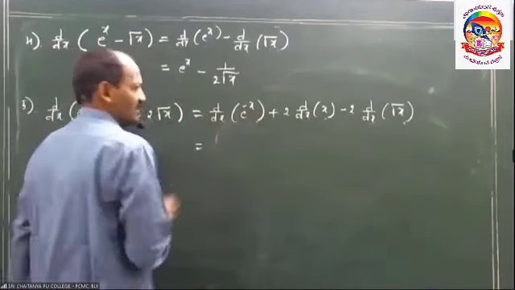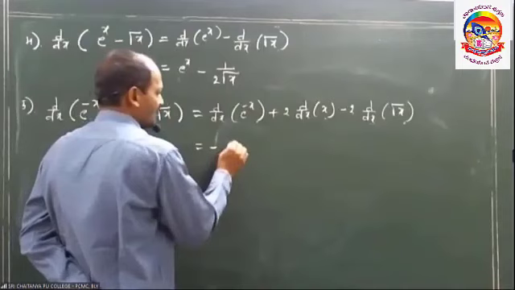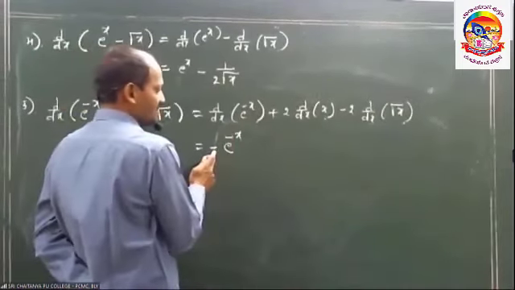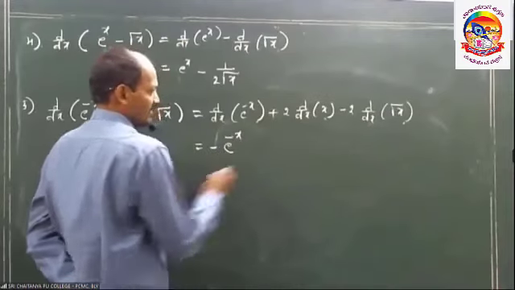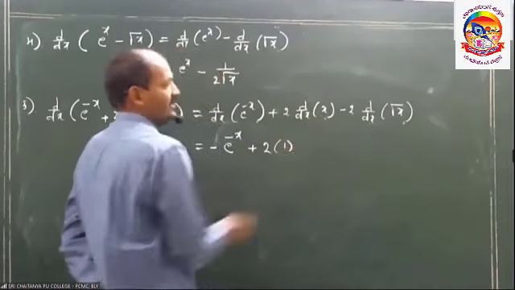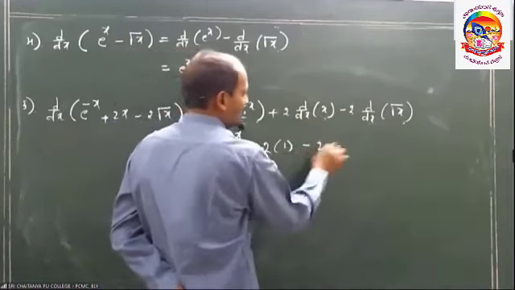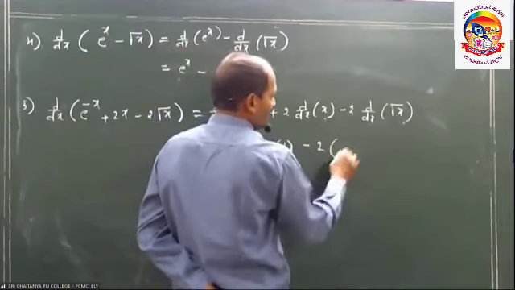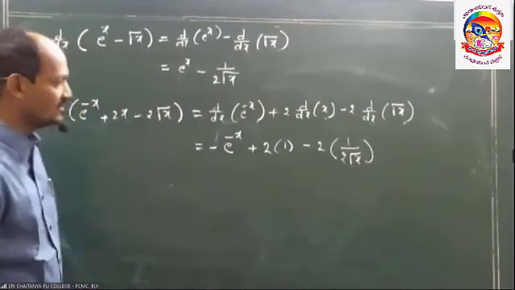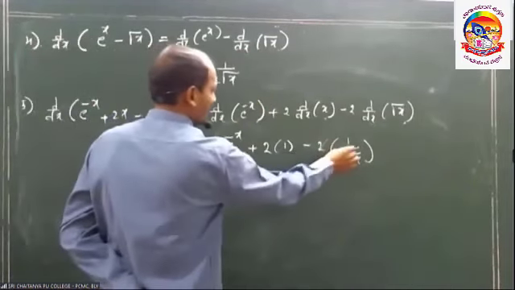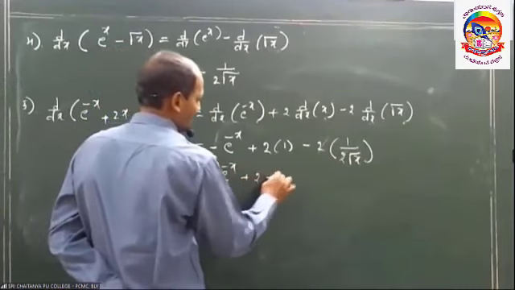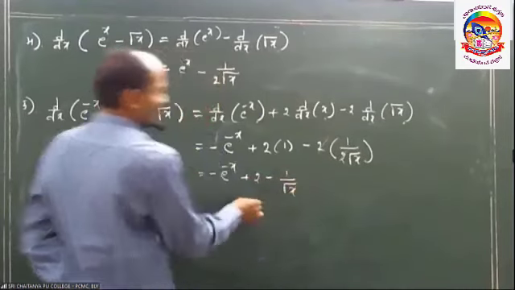The derivative of e power minus x is minus e power minus x, plus 2 into the derivative of x, which is 1, minus 2 into the derivative of root x, which is 1 by 2 root x. The 2 cancels, and we get minus e power minus x plus 2 minus 1 by root x.